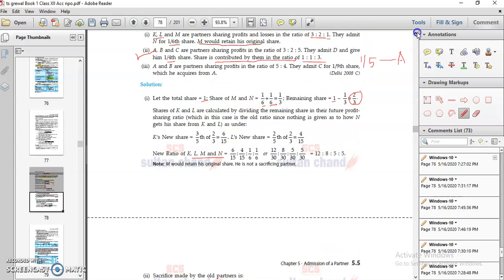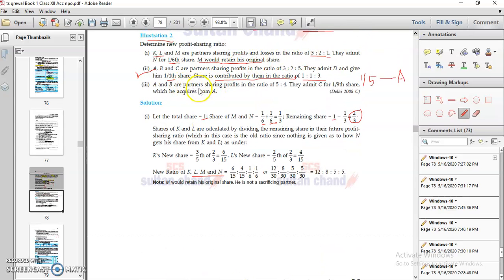One more question we can see. A and B are partners in the ratio 5:4. They admit C for 1/9 share, which he acquires from A. Let's understand. One thing they mentioned is that C is admitted for 1/9 share and the whole share is given by A. It means B sacrificed nothing.